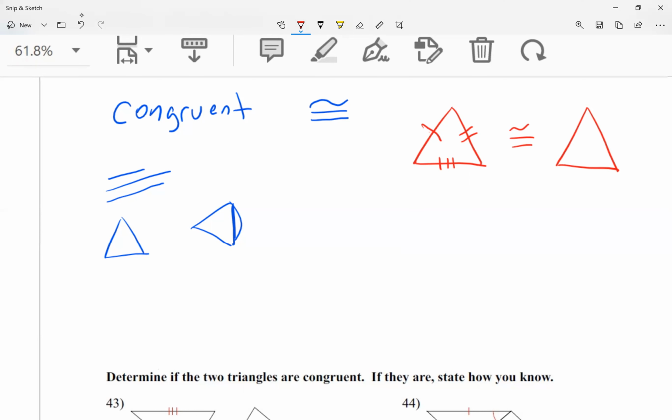Let's say this is side one, side two, side three. And we're going to call this side, side, side.